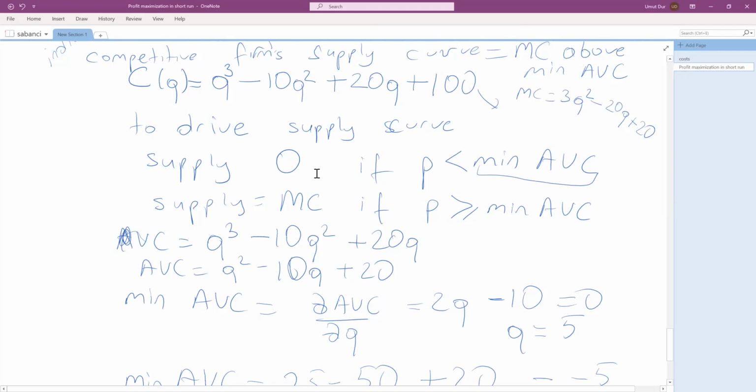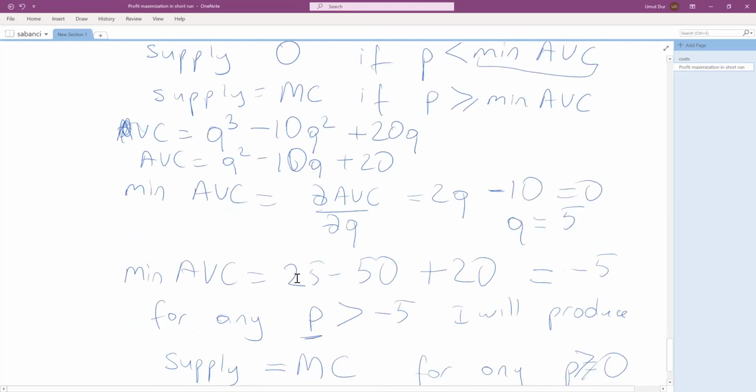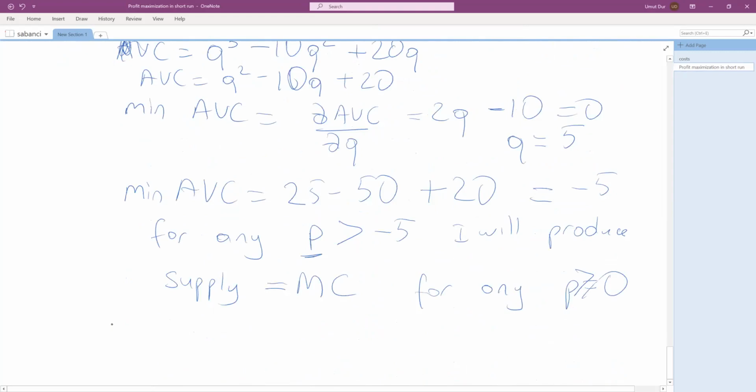Okay, 3q squared, minus 20q plus 20. The supply, I need to relate it with the price. Then P equal to the marginal cost will give me my supply curve for one individual firm.